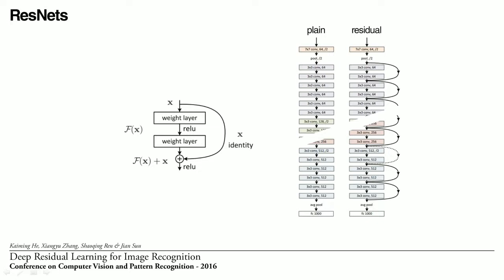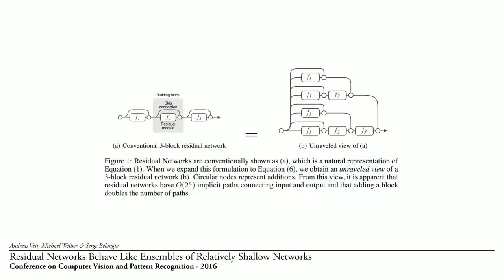As a result, the performance gets saturated and starts to degrade. To address this, the authors of residual nets introduce so-called identity shortcut connections that skip one or more layers.